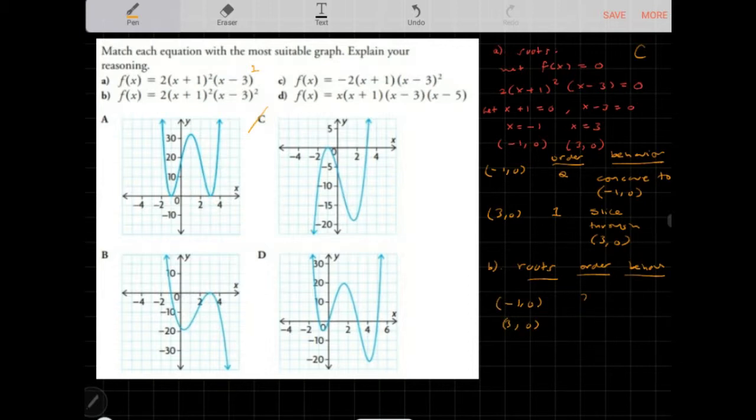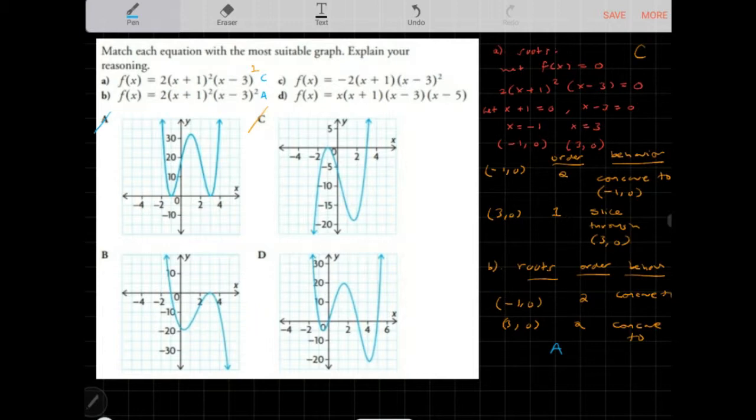Negative 1, 0, we have an order of 2. 3, 0, we also have an order of 2. And basically, it's concave to these points. So a scenario where it's concave to both points would be part A, right? So A would be the only scenario where that actually works, right? So this is A, right? So we said that this is C, this is A.